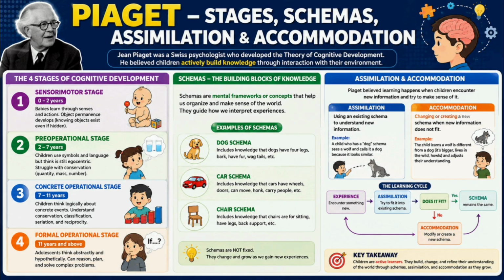The child then adjusts their understanding through accommodation. Eventually, a new balance or equilibrium is achieved. So, the simplified process is existing schema, new experience, disequilibrium, assimilation and accommodation, equal to equilibrium. This process contributes to cognitive development.